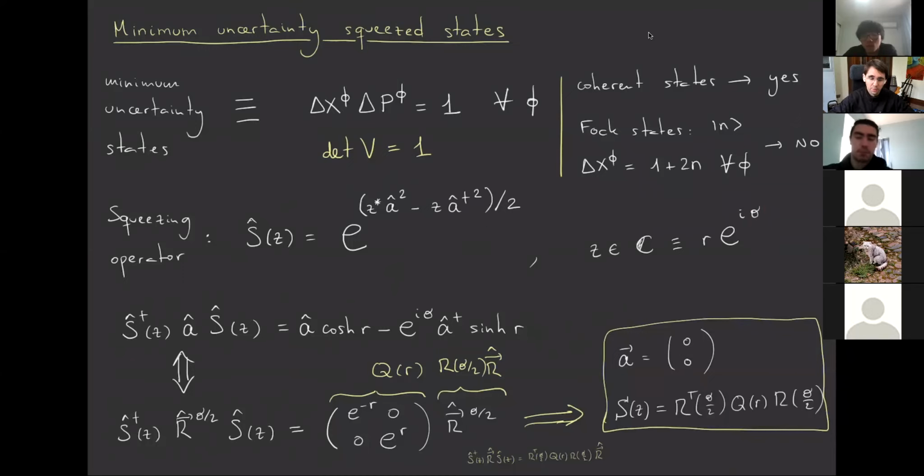And so let's put this to use. This is just the unitary itself. You can apply the unitary to any state you want. In particular, if you apply this unitary transformation onto Fock states, if r is strong enough, so if the exponential of minus r is much larger than 1 plus 2n, then you are able to create a squeezed state that will be non-Gaussian, because Fock states are not Gaussian.